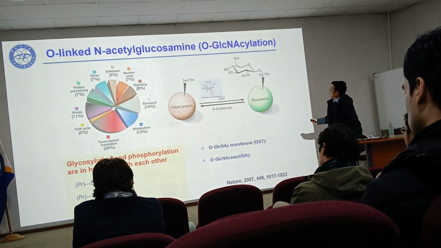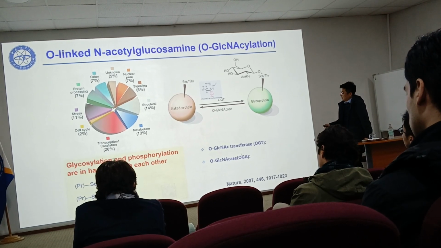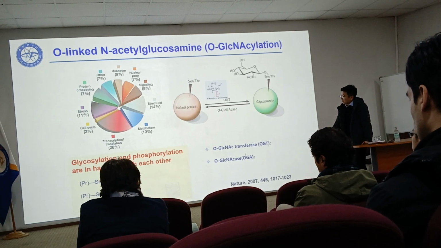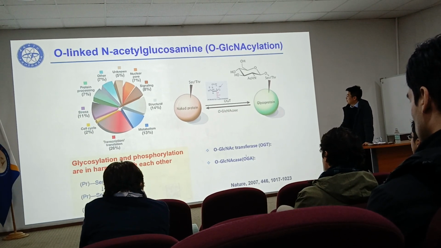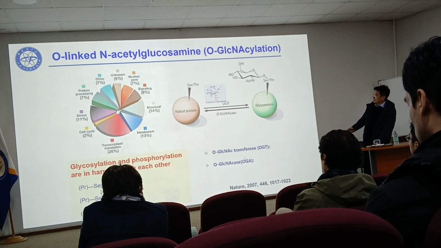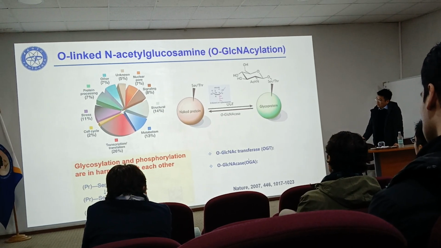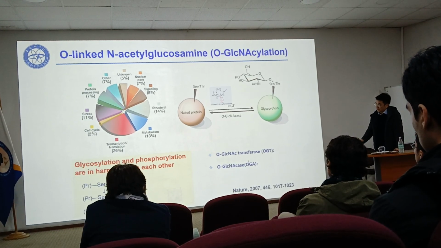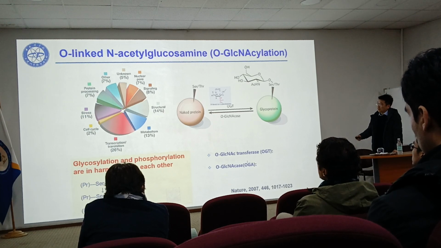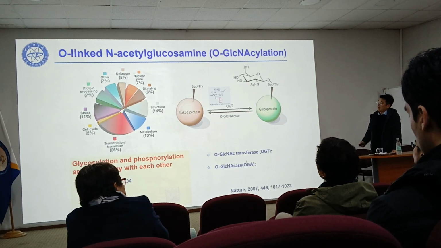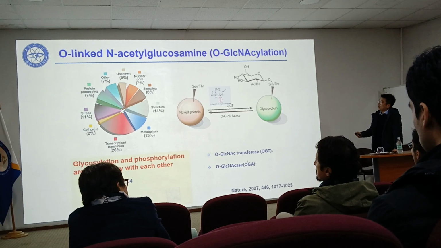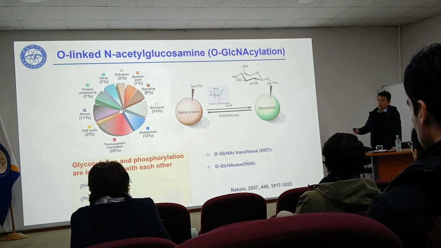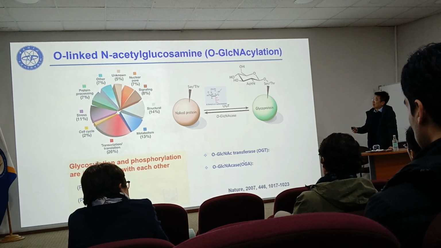And this O-GlcNAcylation can compete with phosphorylation on the same site in the plant. Even if there is O-GlcNAcylation on this amino acid, the phosphorylation cannot appear on this site. So these are very important glycosylations, and nearly half of the proteins will have this kind of glycosylation.